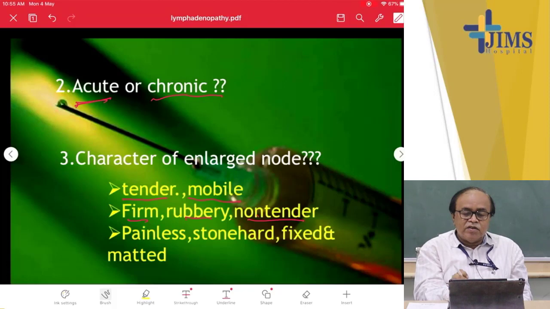It may be soft, it may be stony hard, it may be fixed, you cannot move it, or one lymph node is attached to another lymph node and to adjacent lymph nodes, so it is called matted.